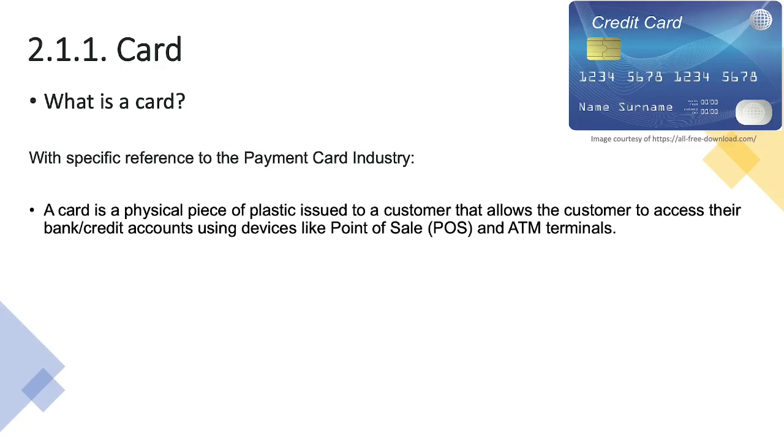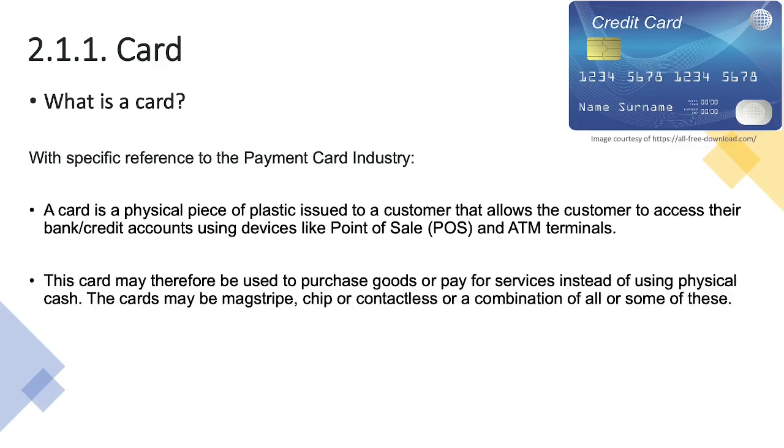So the customer will use the card to make payments for goods and services at card acceptance devices, which we also call terminals. These would typically be a point of sale, if you're making a purchase at the merchant side, or if you're withdrawing cash at an ATM terminal. So a card is meant to be a replacement for cash.